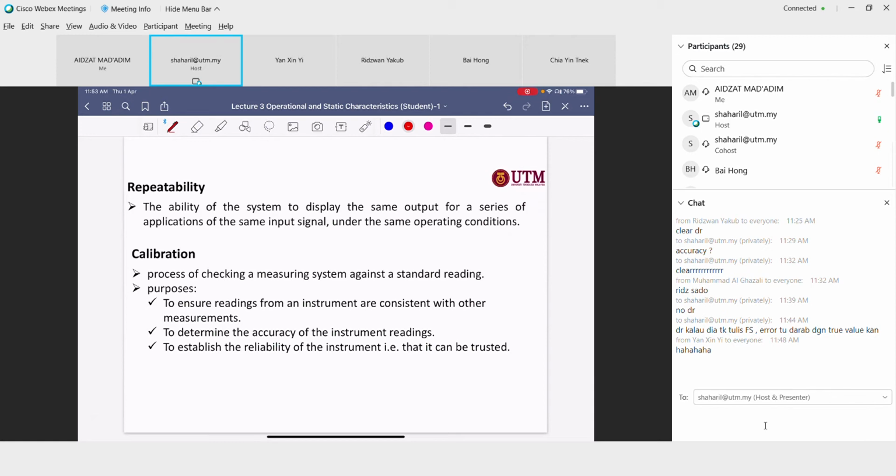For example, right now when we go to the mall, sometimes there is a temperature gun, and when we check, oh, 37.3, wow, it's hot, I cannot enter into the mall. That is because of the calibration.